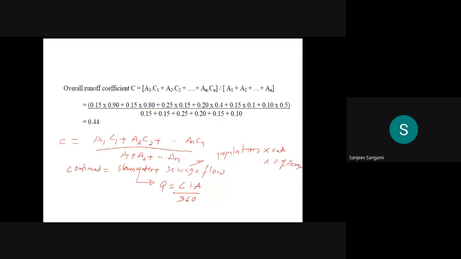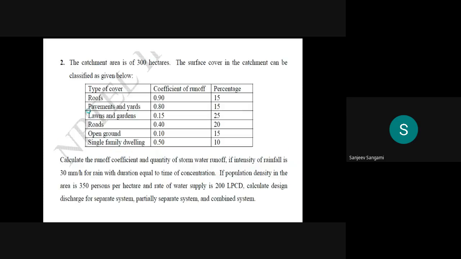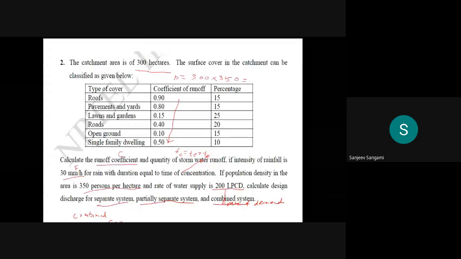The similar thing we have used here. We can see that here it is 15%. If you see the previous table, in the first table you can see roofs. Roofs has a coefficient of runoff of 0.9 and the area is 15%.